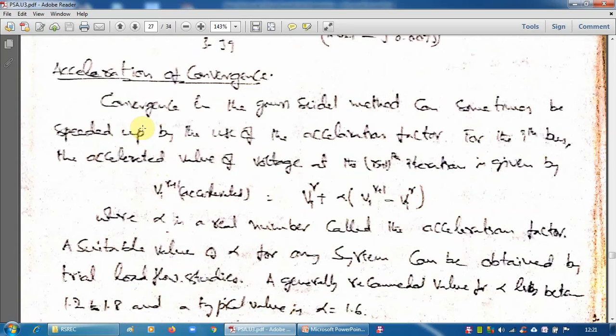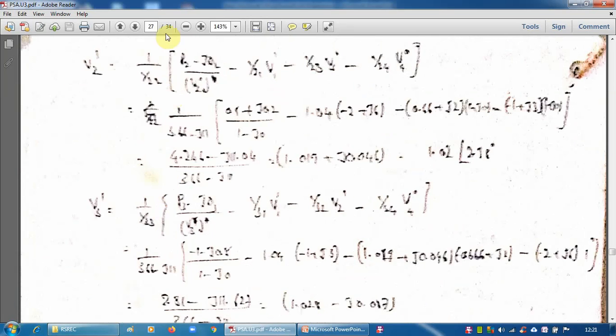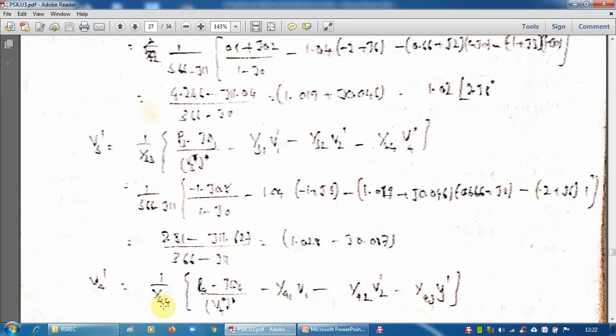Next, there is one more concept that can be included in this Gauss-Seidel method, that is acceleration of convergence. You see, we are substituting here the fresh value of V2 in the second expression, that is the calculation of V3. In the calculation of V4, we substituted V2 of 1 and V3 of 1 also.